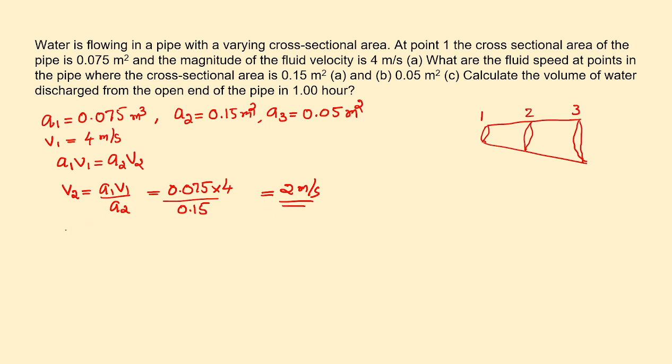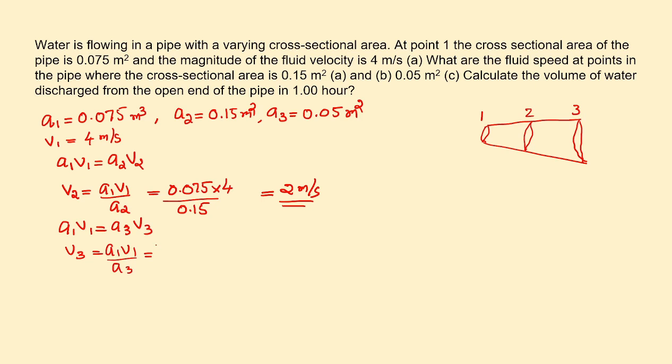Okay, similarly, we can also find the velocity at point 3, like this. Again using the equation of continuity, A1 V1 is equal to A3 V3. From that, V3 is equal to A1 V1 divided by A3.